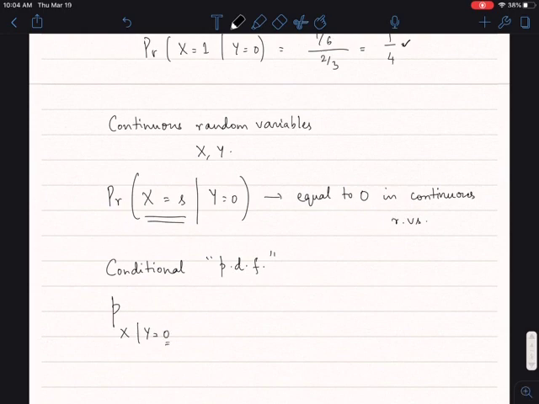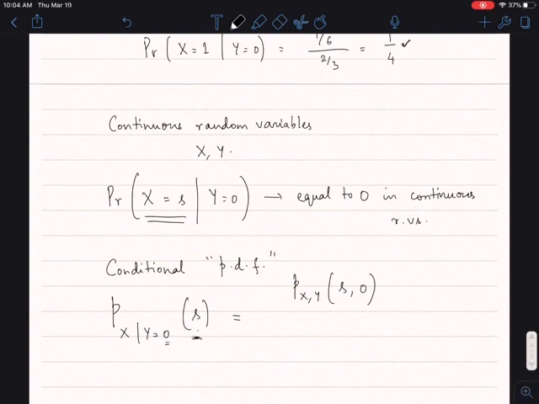You can replace it with any t that you want. And the definition of this will be the exact analog of what we did for the discrete case, which is we look at p_XY of s comma 0. So remember, we are interested in the density value at x equals s.